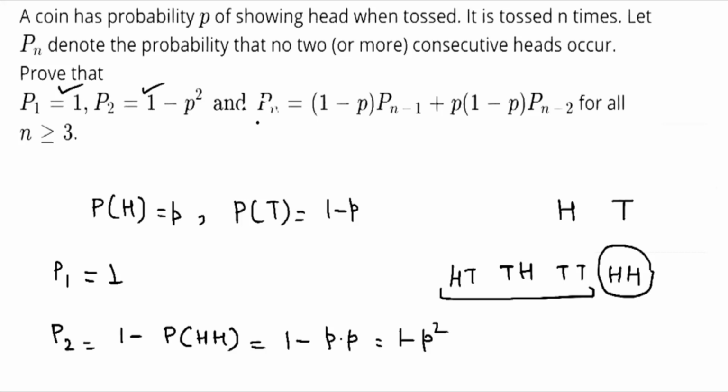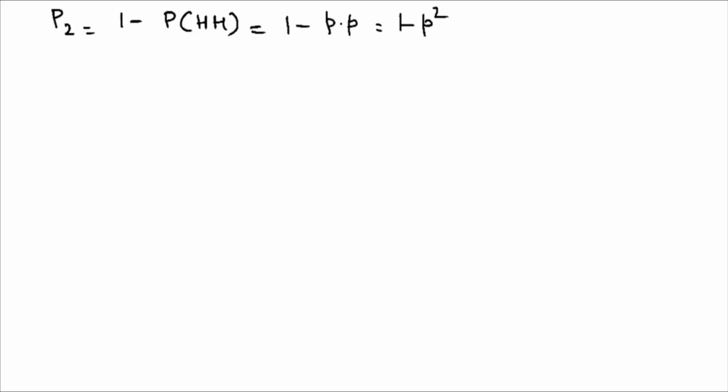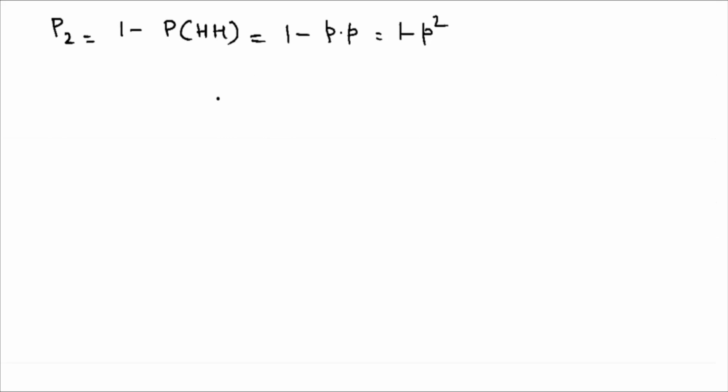Now we will proceed to prove that the value of Pn is equal to 1 minus P into Pn minus 1 plus P into 1 minus P into Pn minus 2. So Pn is the probability when we are tossing the coin for n times. So 1, 2, 3, 4, dot dot dot, n minus 2, n minus 1 and n. This is the nth draw, this is the n minus 1th draw, this is the n minus 2th draw.